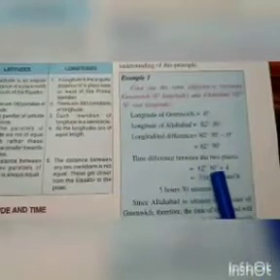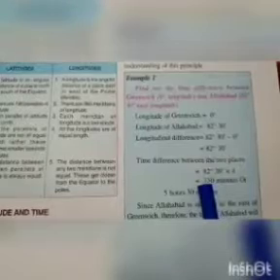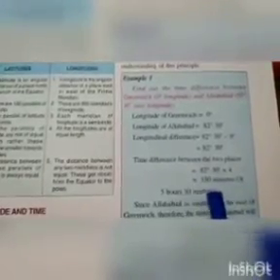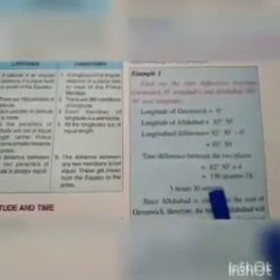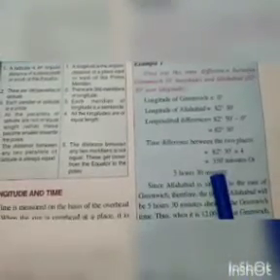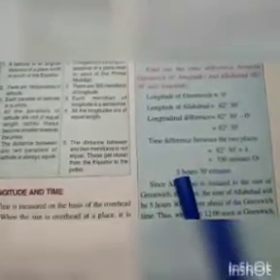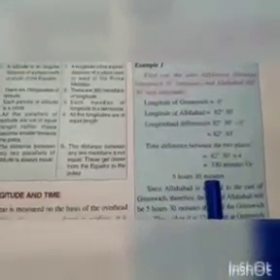So 82 degrees 30 minutes into 4 gives 330 minutes, and when we convert this into hours and minutes, we get 5 hours 30 minutes. Because 5 hours means 300 minutes, and 30 minutes extra is given here.